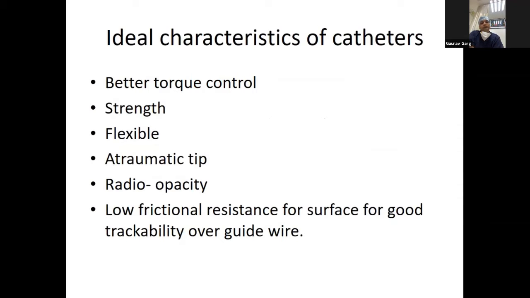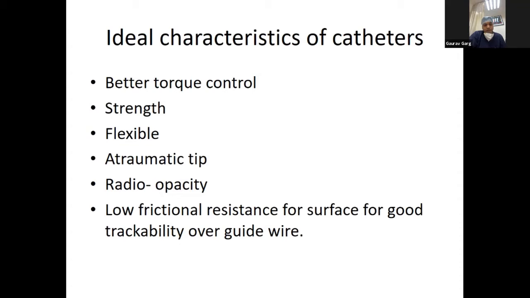What should be the characteristics of an ideal catheter? It should have better torque control. That means we can manipulate it in whatever direction we want. It should have good strength so that it does not break when we pass it inside the vessel or a heart. It should be flexible so that it can go easily into difficult lesions, difficult anatomy.